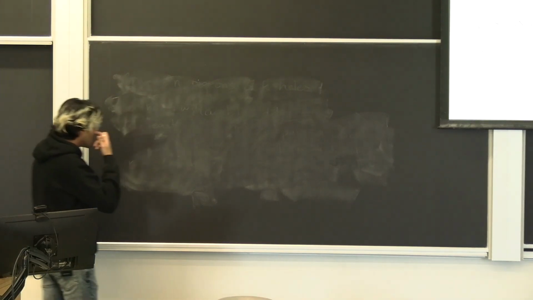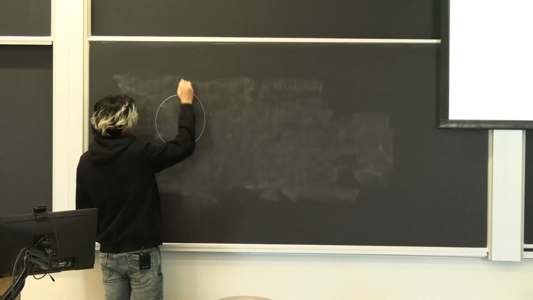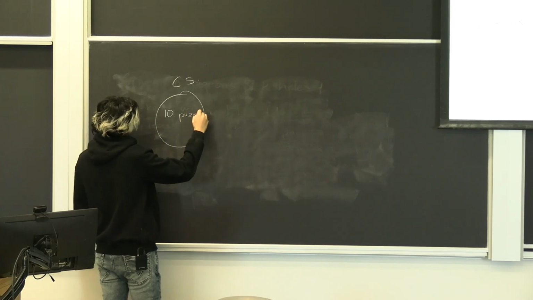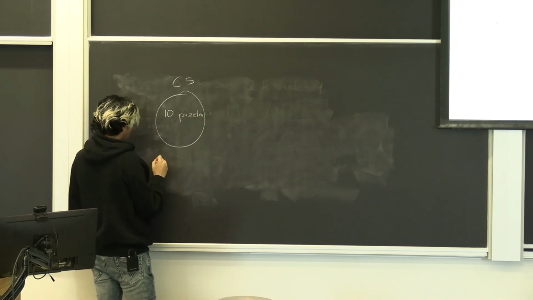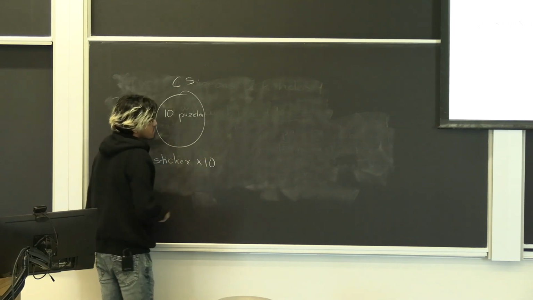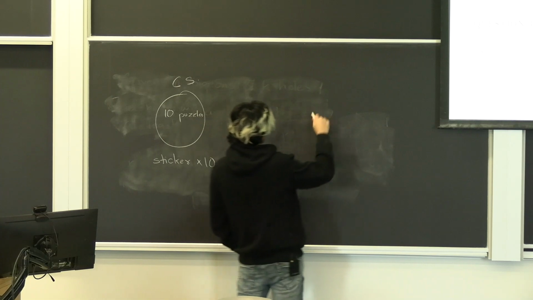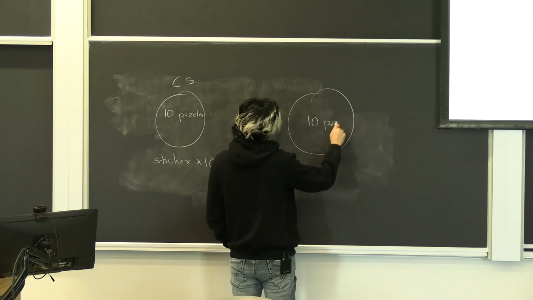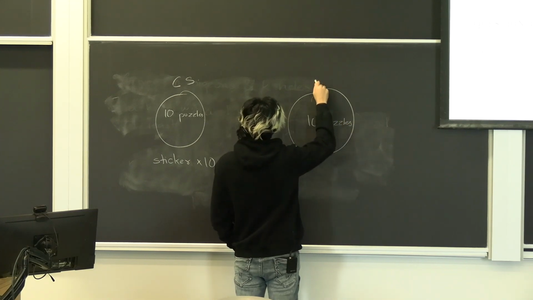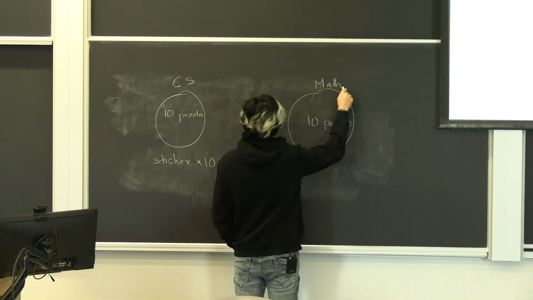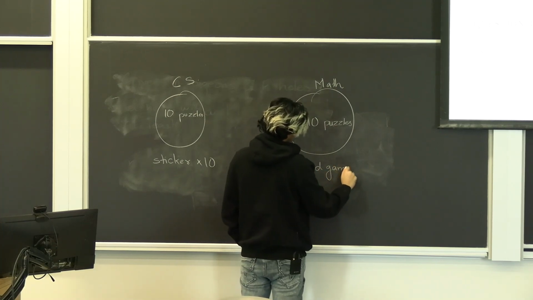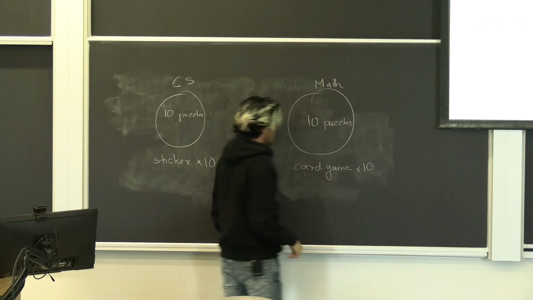Right, on to the question. So there's 2 sets. There's 10 puzzles, and for each puzzle you have 10 of the same stickers as prizes. Similarly, you have 10 math puzzles over here, and you have some card game, the same one 10 times.